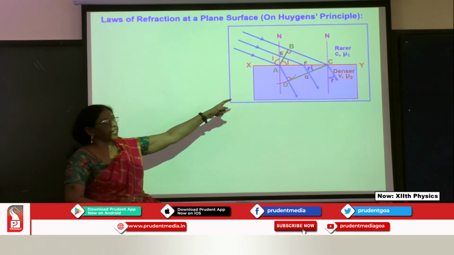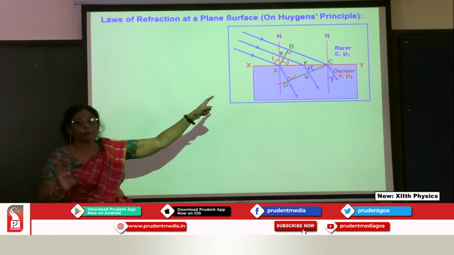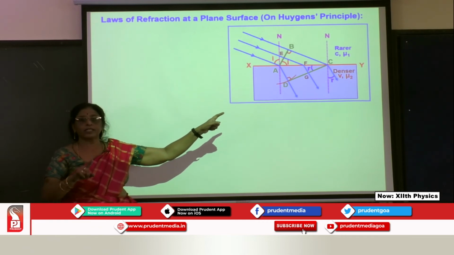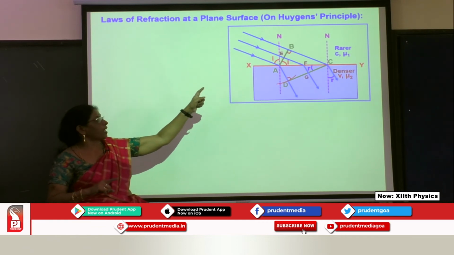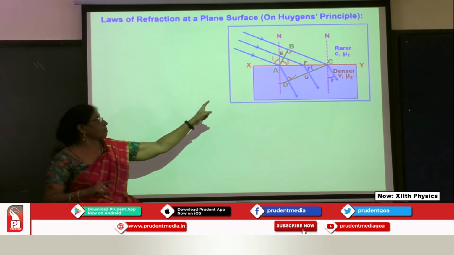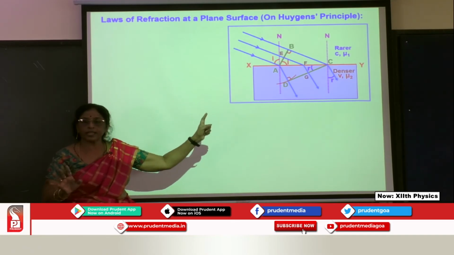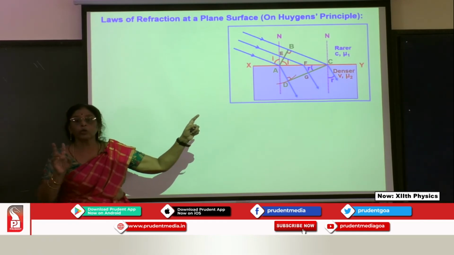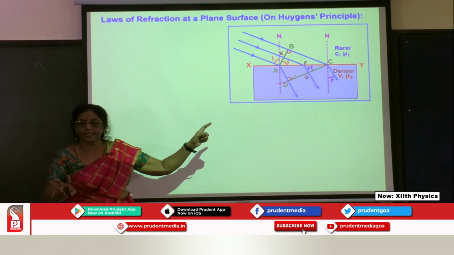But AD and BC will not be of the same length. The time is the same. The time taken for B to reach C and the time taken for A to reach D is the same. But the distance is not the same. Why? Because of two different densities.